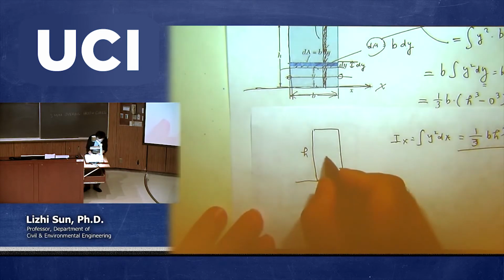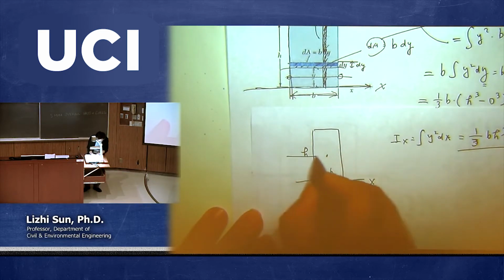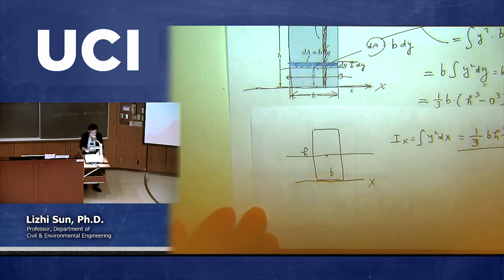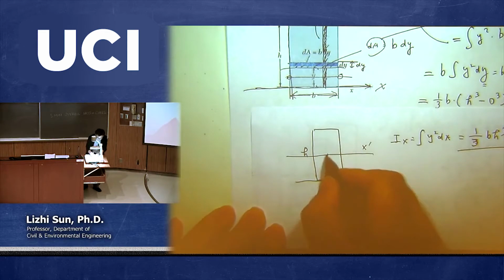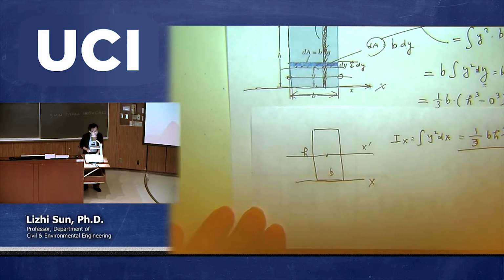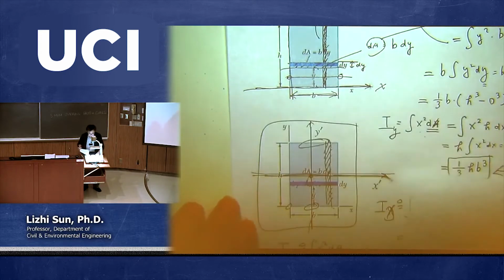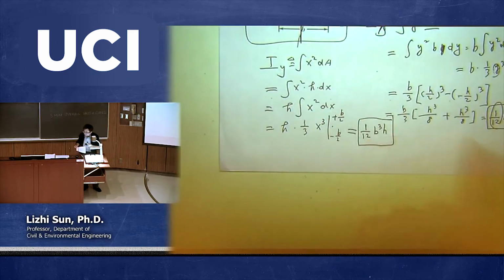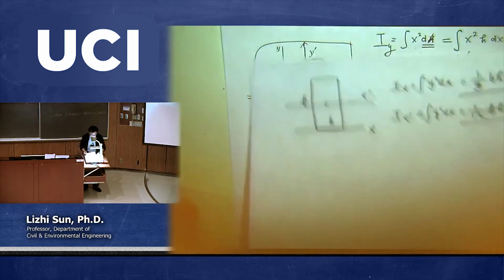And now if I have another parallel axis, I call it x prime, passing through the centroid of this rectangular shape, now I have Ix prime, again with the same definition, but we did it independently, which is 1 over 12 b h cubed. If you want me to show you the result, that's exactly what we have here, right? Okay, I just did it.